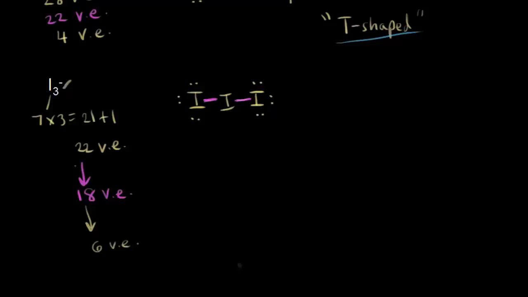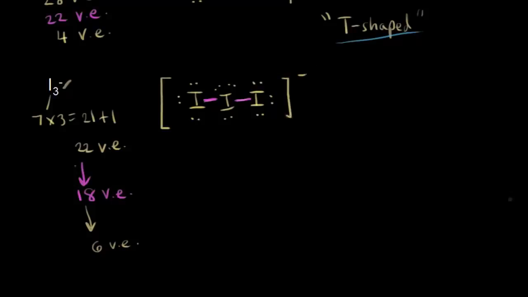And those leftover electrons are, of course, going to be assigned to our central atom. With 6 valence electrons, you would expect 3 lone pairs of electrons. So let's put those last 6 valence electrons around our central iodine in the form of 3 lone pairs. And since this is an ion, we should put this in brackets and put a -1 charge outside like that.